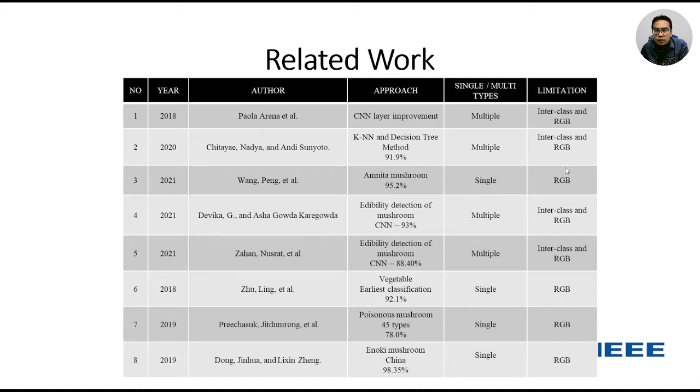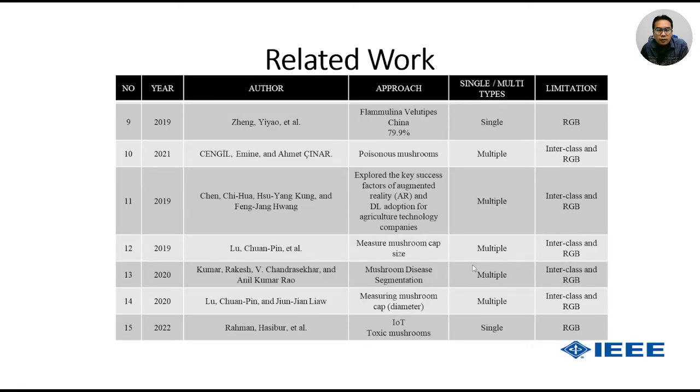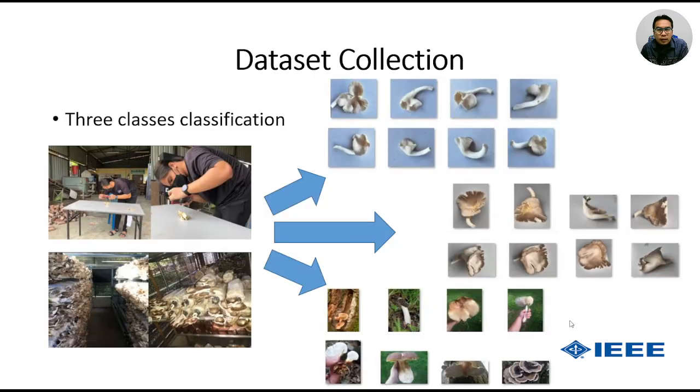Not to forget that we have a kind of limitation on those studies, whereby we have inter-class, RGB, and so on. This is the most recent study that has been shown in grey oyster mushroom, those related to the IoT, Internet of Things, whereby Rahman and others are doing research on a single type of mushroom, implementing the Internet of Things, which is related to the RGB image feature.